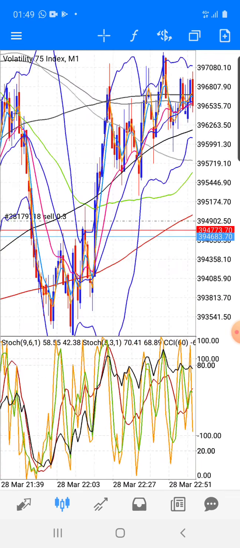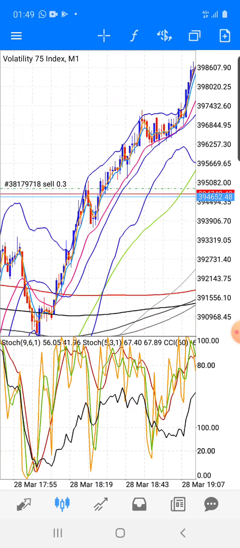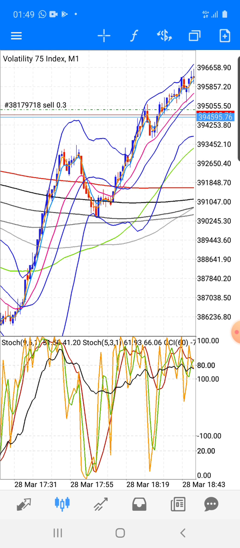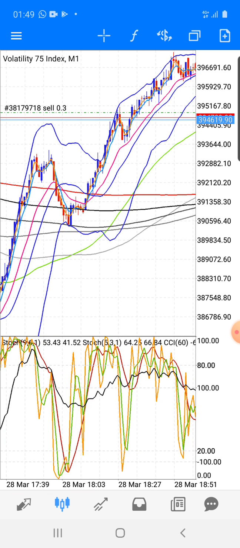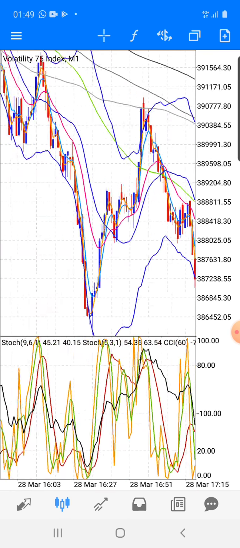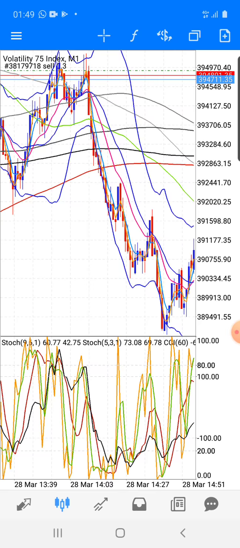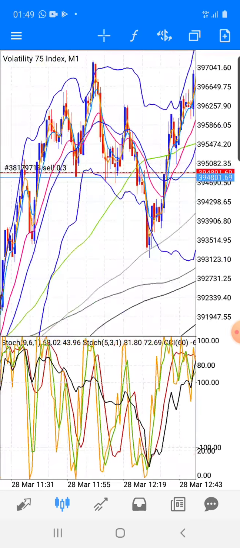If you scroll back, you will see that the green crossed it up here for a buy, and then this was a sell, then this was a buy.